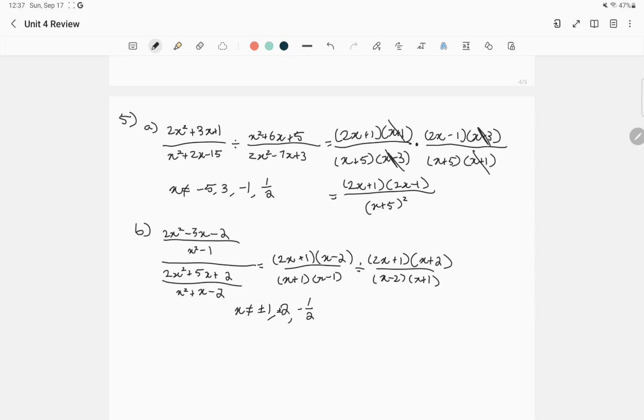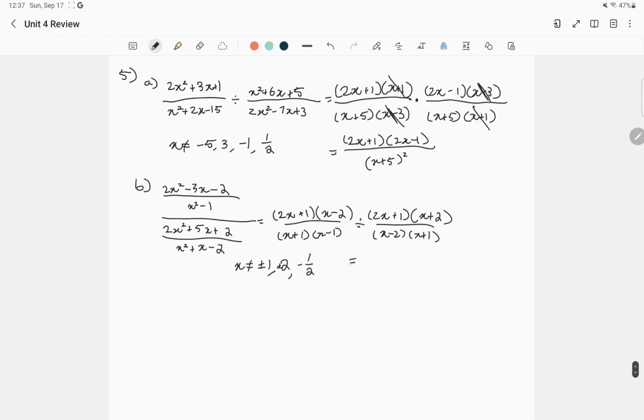All right, now we have to simplify this. Let's see, we will flip it around. So if we flip it, it's going to become 2x plus 1, x minus 2 over x plus 1, x minus 1, my bad, times, flip it, x minus 2, and then x plus 1, and then it's 2x plus 1 on the bottom, and then x plus 2 on the bottom.